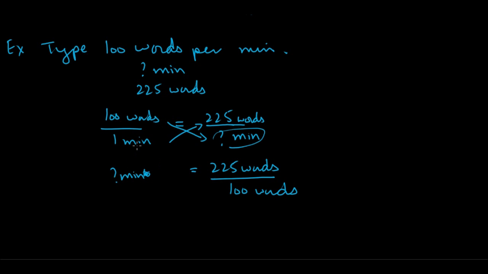On the left side, 1 minute doesn't matter because it's 1. So this gives me 225 divided by 100, that's 2.25 minutes.